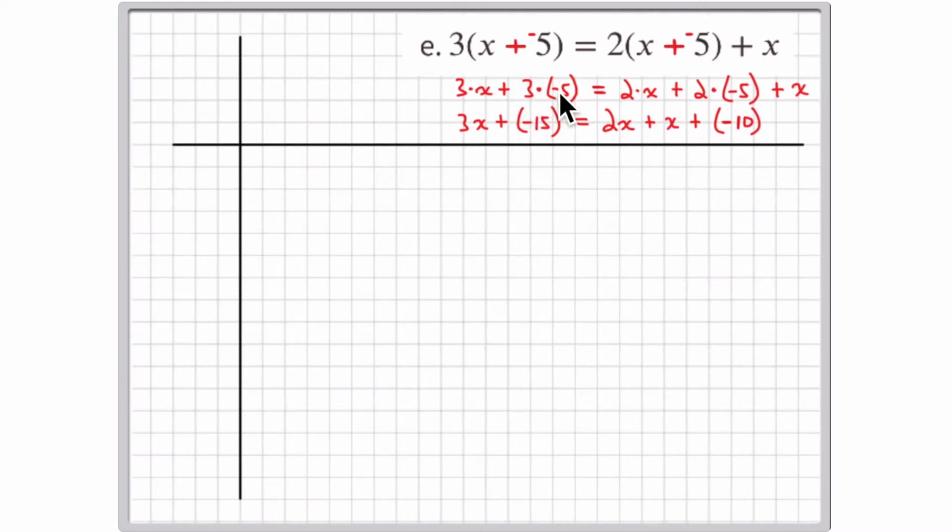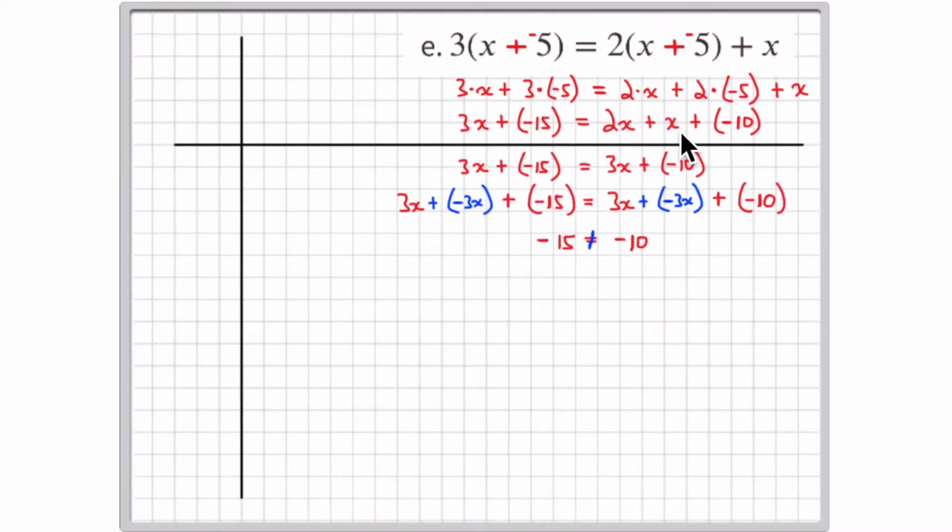So as I work through this, I end up with 3x plus a negative 15, and this is going to be 3x plus negative 10. If I get rid of those 3x's, I end up with something that doesn't make sense. I end up with negative 15 that does not equal negative 10. So it says that there is no solution for this equation.